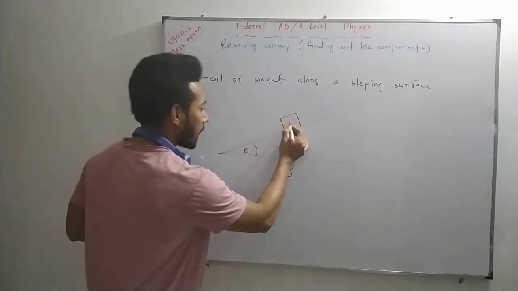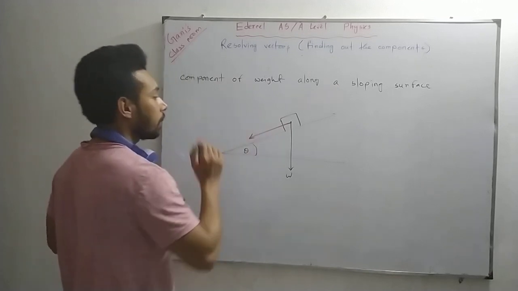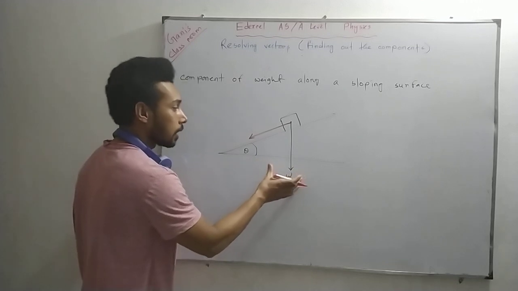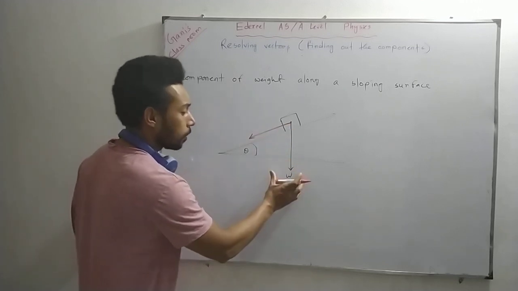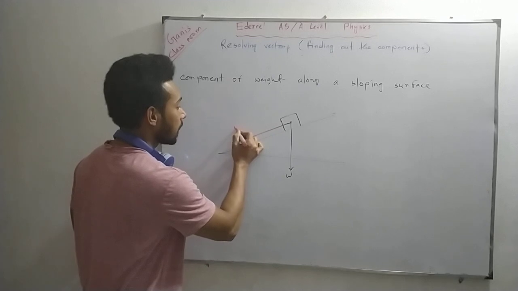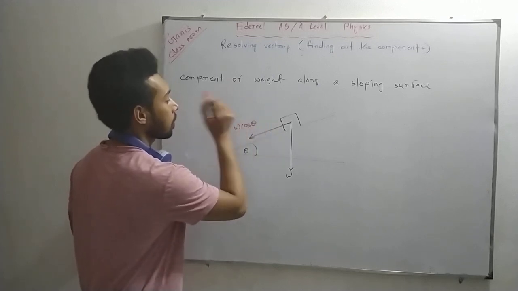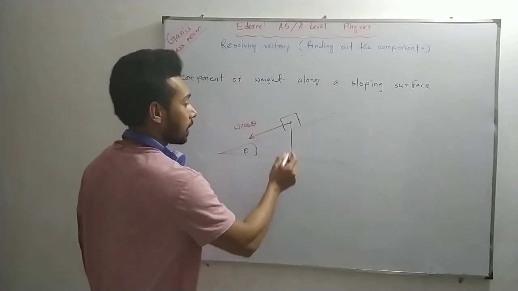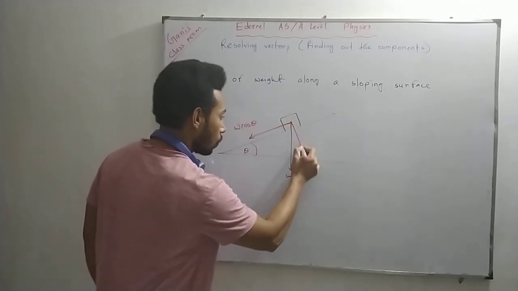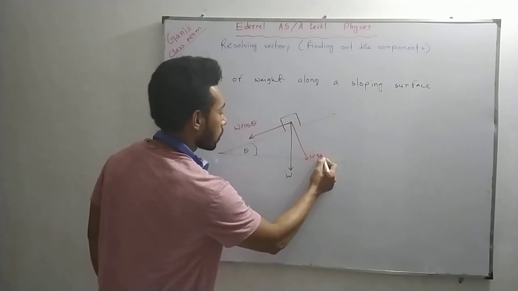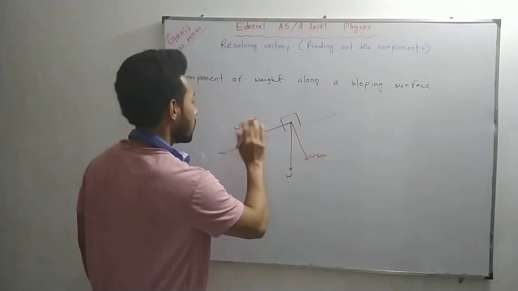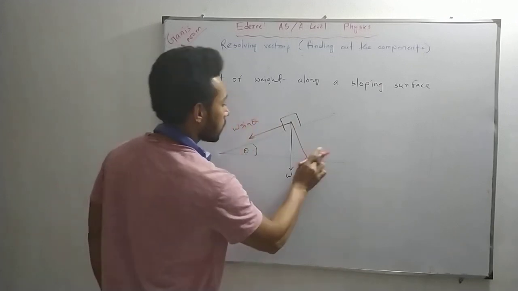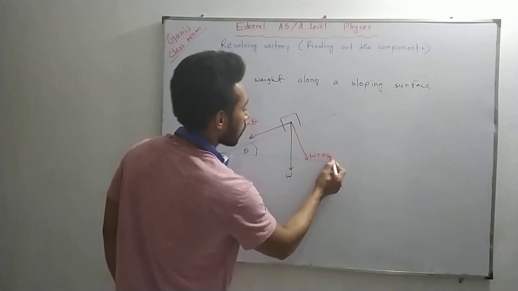Actually, it is sliding or moving across the slope due to the component of the weight along the slope, and the component of the weight along the slope will be W sin theta, and the other component of the weight, perpendicular to this one, will be W cos theta.